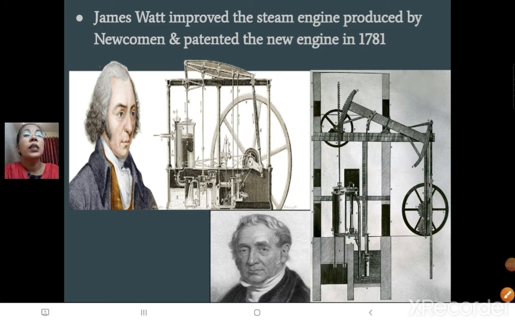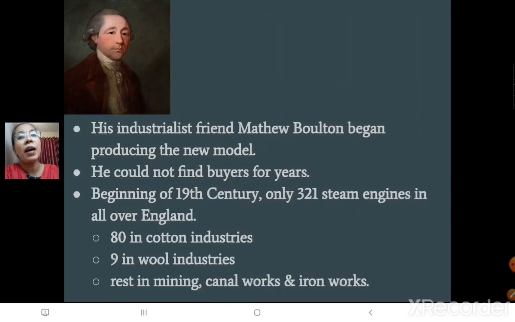Clear? The industrialist friend of James Watt, that is Matthew Boulton, manufactured the new model. But unfortunately, for many years, he could not find any buyers. Children, it is said that at the beginning of the 19th century, there were about 321 steam engines all over England.